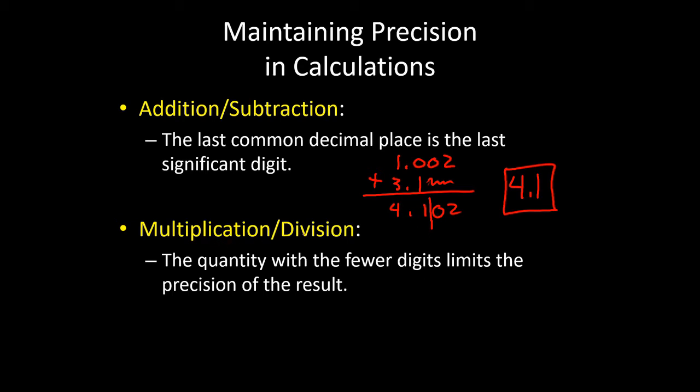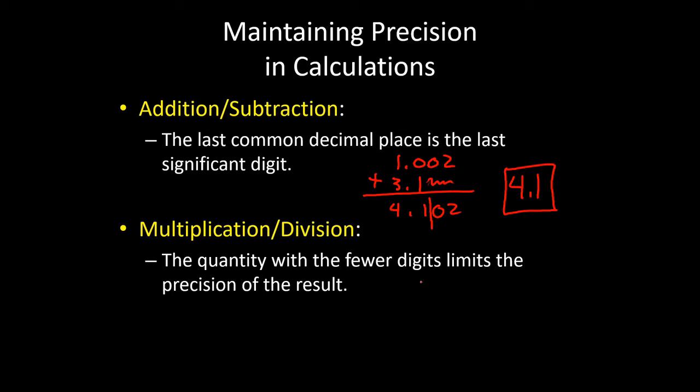Multiplication and division. If we're doing that in our mathematical function, then the way we determine how many sig figs our answer can have is that the quantity with the fewer digits limits the precision of our result.